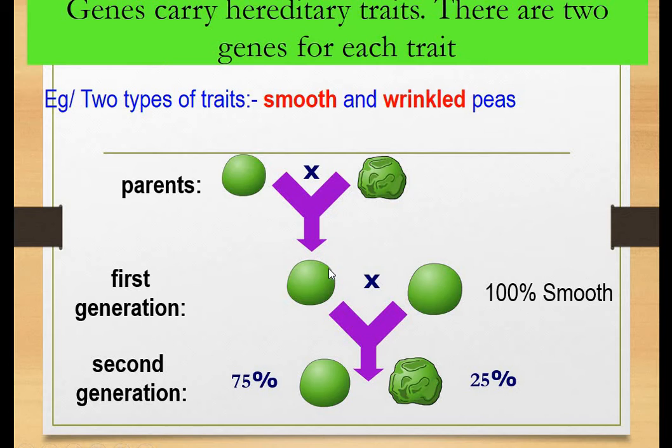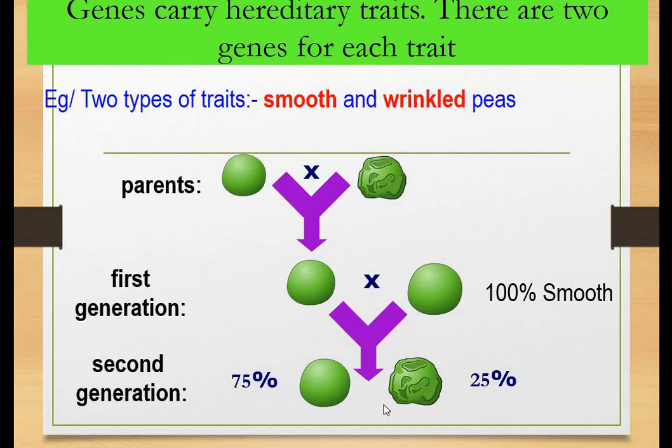If the smooth one was fertilized with another smooth one, we could see that gene that was passed on to this first generation could be seen in the next offspring, a generation later. So even though these two smooth peas got together, they ended up having offspring with a smooth surface and a wrinkled surface.